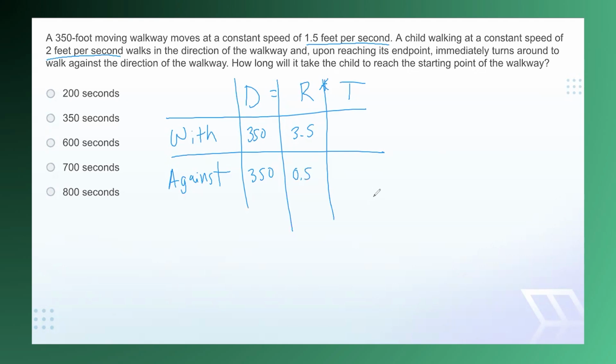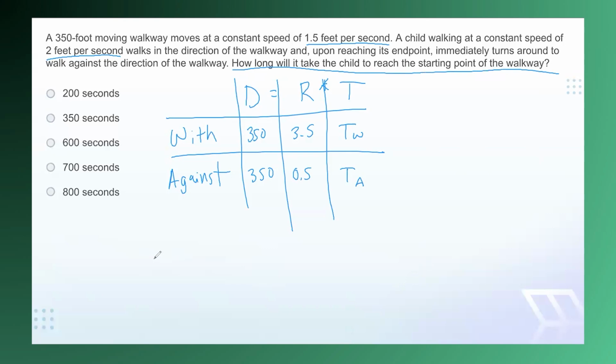Now, the times for each stage will be different, so we'll call those T sub W for with and T sub A for against. Now, importantly, looking at our question stem, we can see that we are solving for the total time, the time it takes to go with the walkway to the endpoint, and then against the walkway back to the starting point.